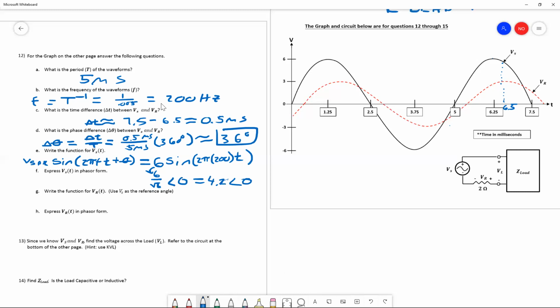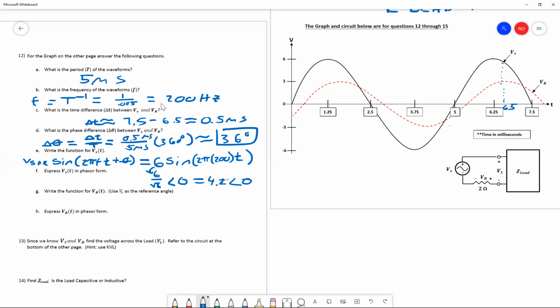Now, for G, we'll use VR. As you can see, it's a little bit off in phase, but we have the change in angle to tell us how different it is. So write a function.